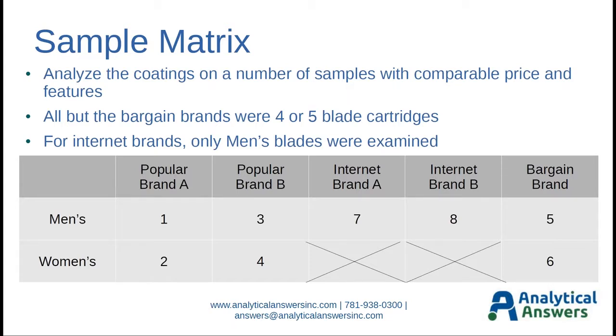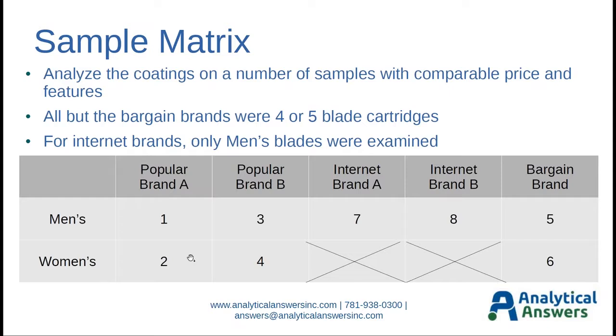So let's talk about the samples in an anonymous way that we're covering here. I'm going to analyze the coatings on a number of samples. Most of the popular brand ones all had very comparable prices and features. I'm going to call them popular brand A and B, and that's based on a sampling of just what's available in the aisle at my grocery store.